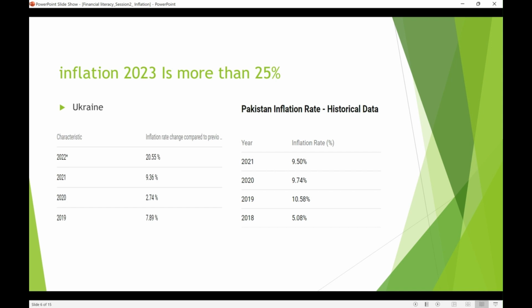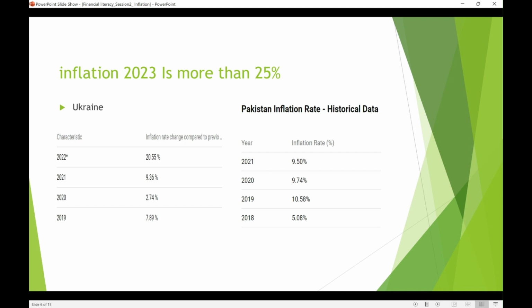But when the war started, it increased to 20.55 in 2022, and now it's more than 25% at the moment. In 2023, it's going up to 28%. It means there's a crisis in the country. So we know it's a war, and every time we have a war, that's going to be the situation.